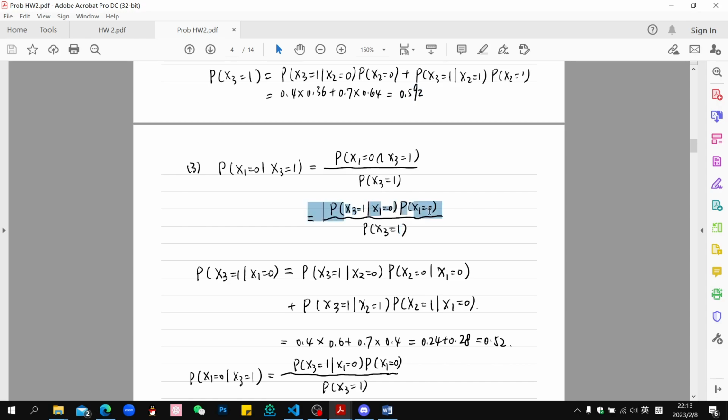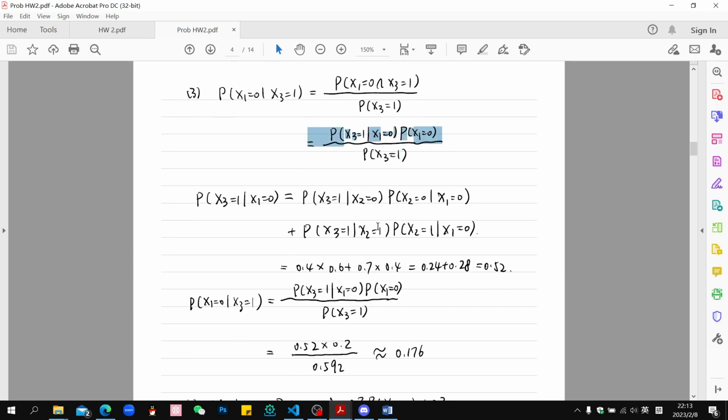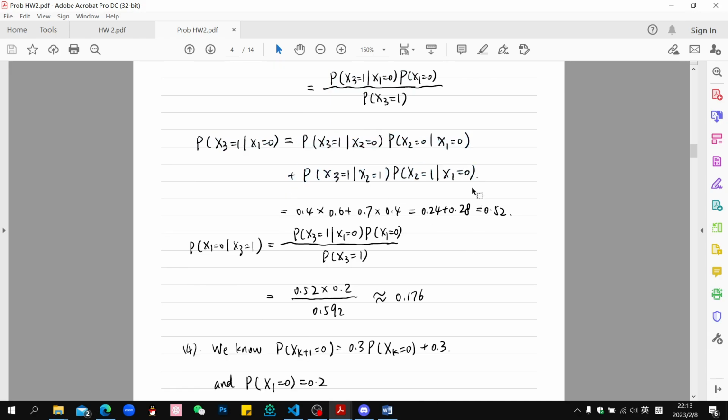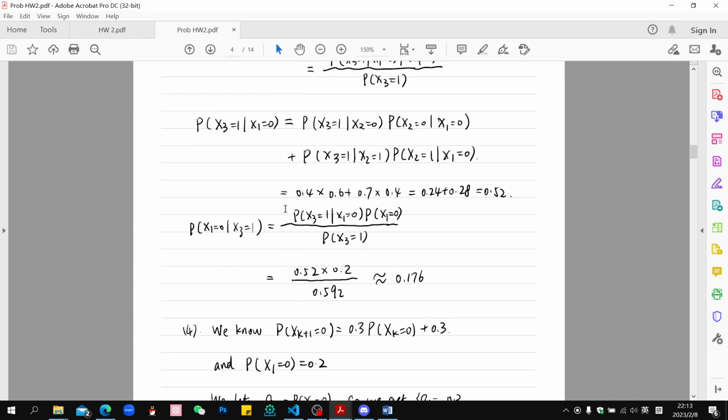And this can be calculated in this way. We have to focus on this term. This term here is calculated by these two expressions, and there's an exact number for this. So finally, we put these numbers back into this full term, and it is approximately 0.176.